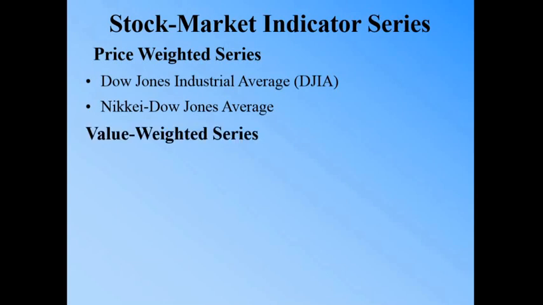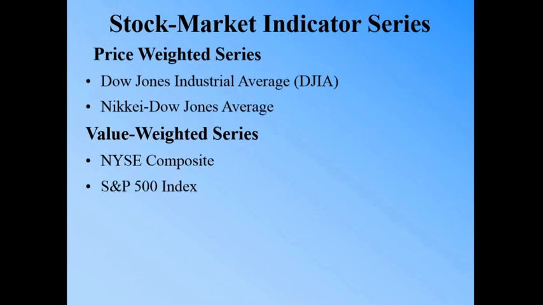These are the most common price weighted indexes being used. We'll discuss the limitations of price weighted indexes and that they are not very good. The Dow Jones itself has 30 stocks, so it only tracks the prices of 30 companies, which is a very small sample size.